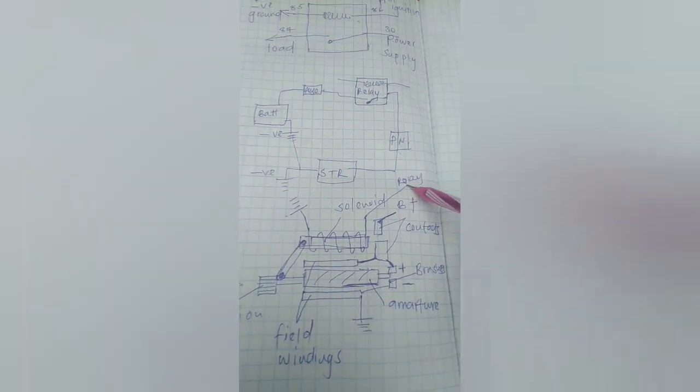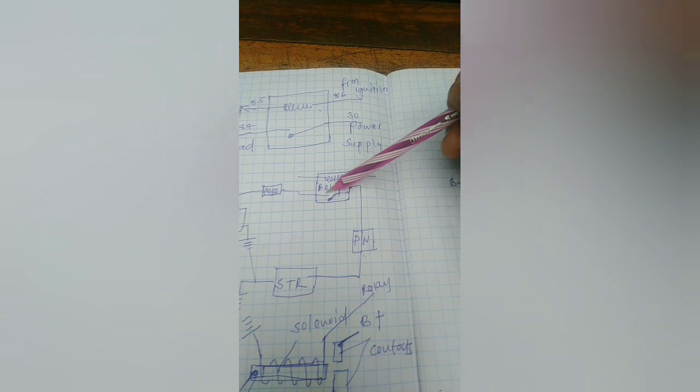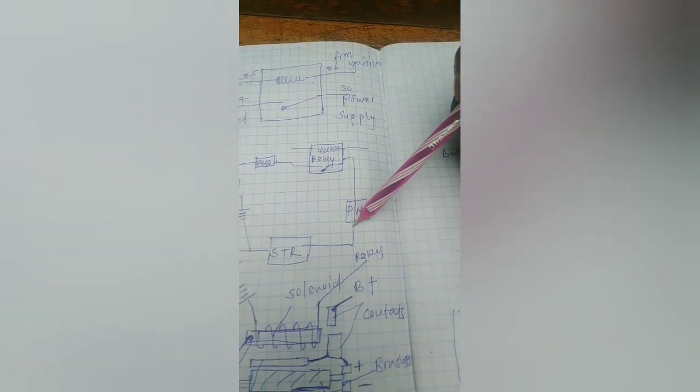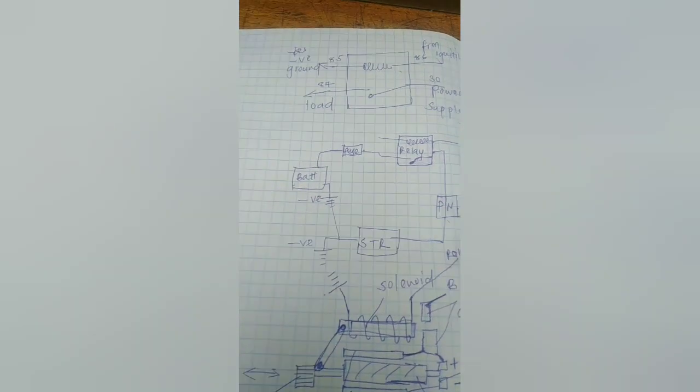So when this switch is closed, current flows to your park neutral switch, then to your starter.